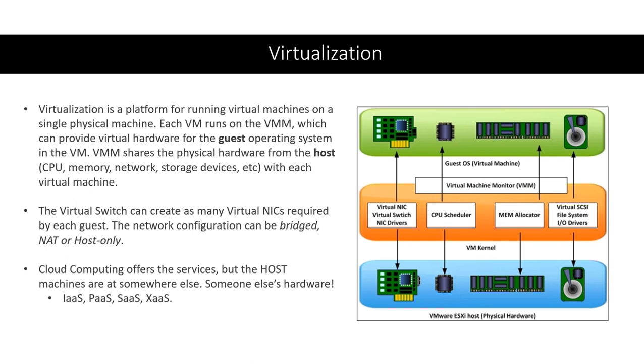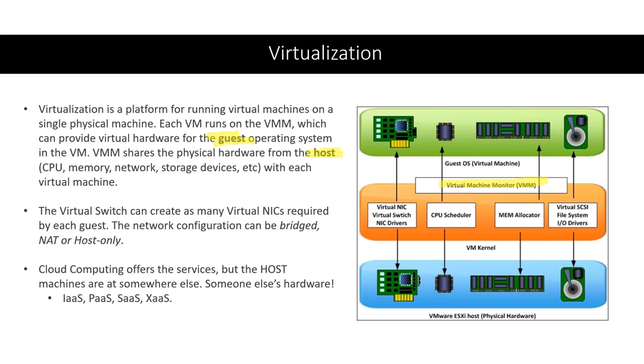Now, virtualization is another subject that you should be aware of. Of course, it's a platform to run virtual machines, right? Each machine will run on a host. The host is the one that runs the virtual machine monitor, which is the one that controls your hypervisor in this case, that will control all your communication and allocation of services to your guests.